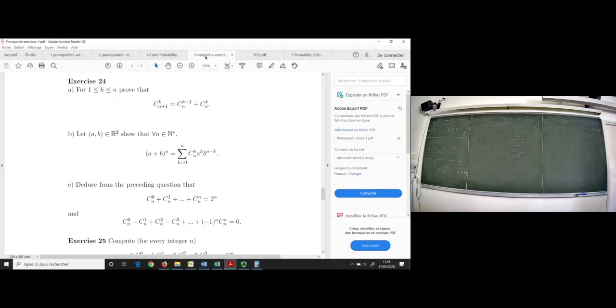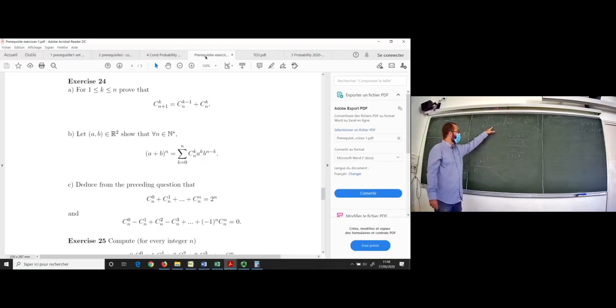Now I just use the definition and do the computations. Not that complicated. We are going to see if it's possible to integrate this term into the factorial notations here. If I have n factorial multiplied by n plus 1, it is (n+1) factorial. If I have (k-1) factorial multiplied by k, I obtain k factorial.